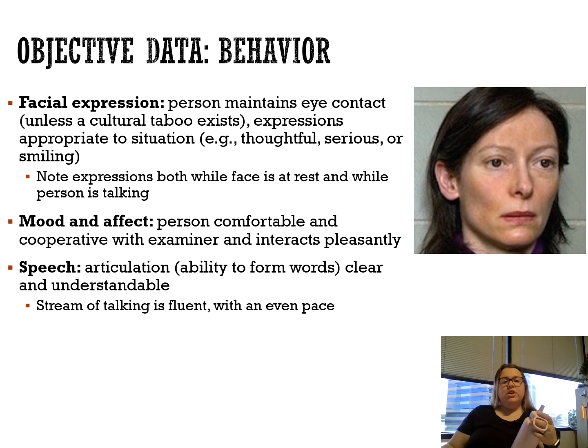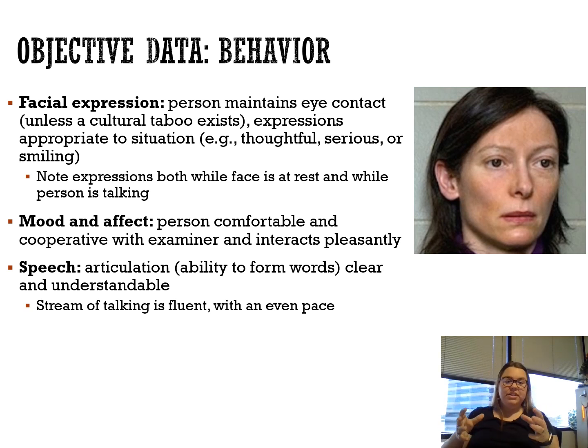So a stream of talking is fluent with an even pace. So they're not just talking a million miles a minute, or are they just talking really slow and slurring their words? You have to take those into consideration because maybe there's a reason why they're slurring their words, talking softly, or talking a million words in a minute.